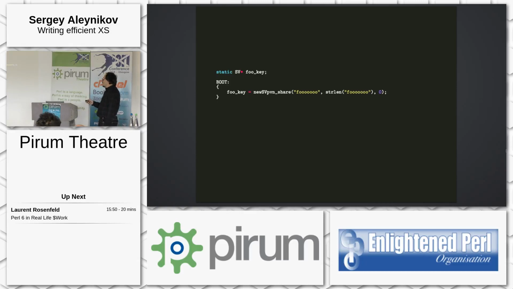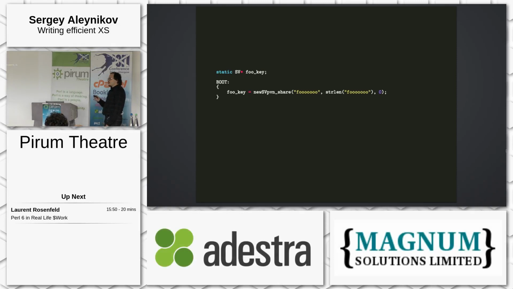Yes, you can. There is an API function, newSVpvn_share, that returns you a new scalar value with a computed hash. And the common idiom is to have a static variable for it and store it in the boot section of your XS file.